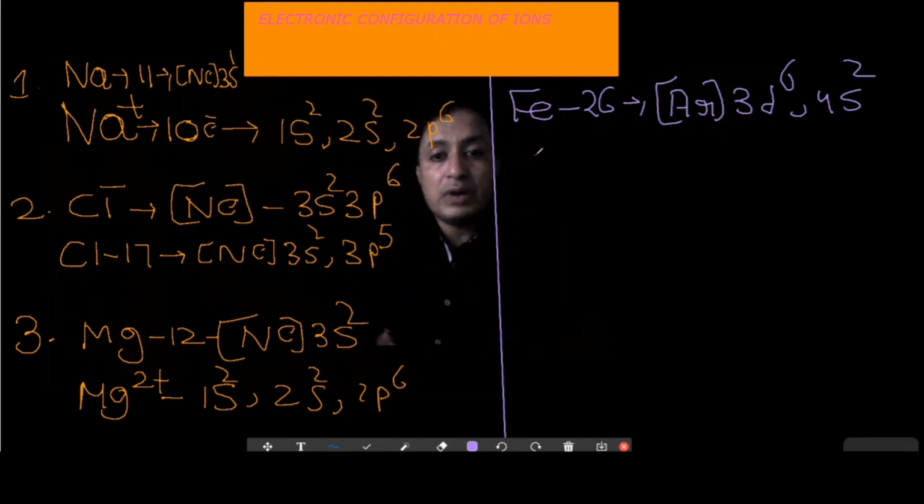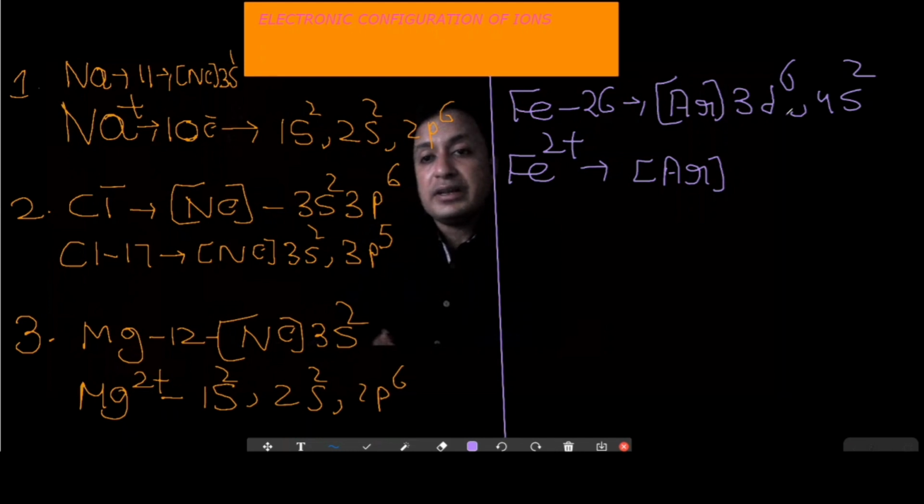But suppose you have to write the electronic configuration of Fe2+, then in such case it becomes argon what? Now see, here is a very interesting thing. Although the electron used to enter in the 3d orbital last and before it enters in the 4s, when it comes to losing, electrons are always going to be lost from the outermost shell orbital.